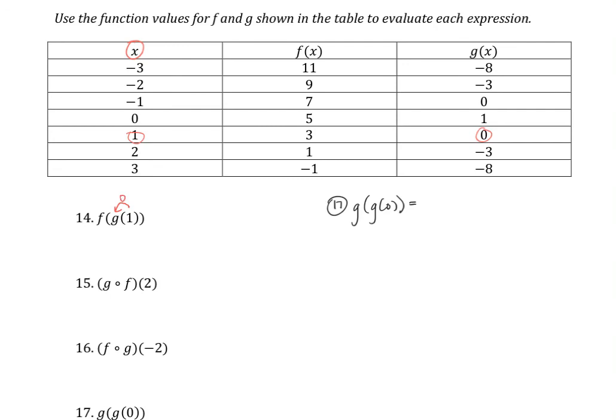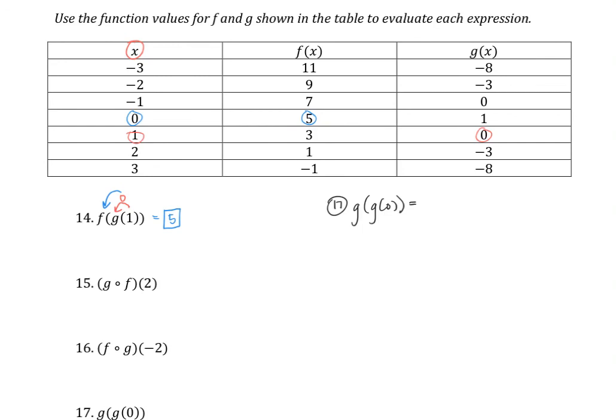So it's 0. Now we want to find f of 0. So now our x is 0, and we want to go to the f column. So that is 5. So our answer would be 5. So you always start with the x column, you go over to the f or g depending on what you're finding, and continue from there.